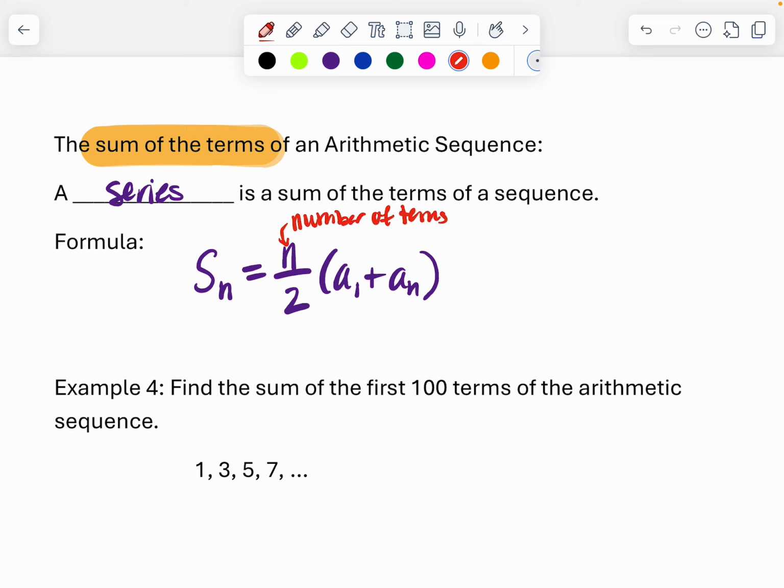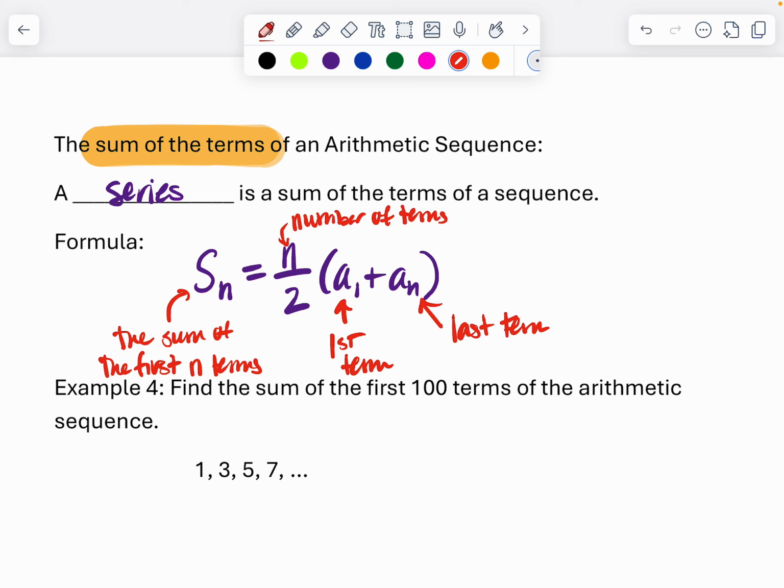And then remember, a sub 1 is the first term, and a sub n is the last term. And S sub n stands for the sum of the first n terms.